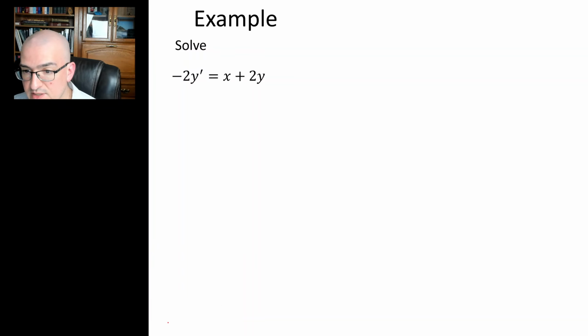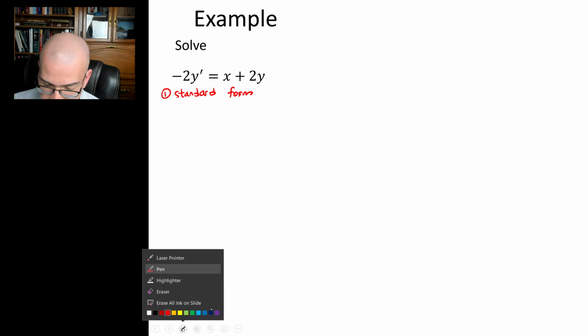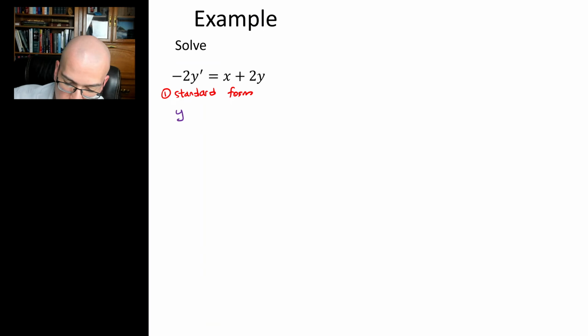Okay, last standard example before we get to the non-standard ones. Differential equation, lots of stuff is wrong. I'm going to get it into standard form first. Let's divide both sides by -2. So y prime is equal to negative 1/2 x minus y.